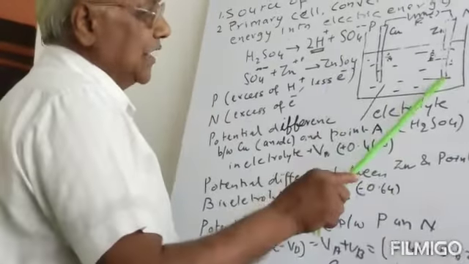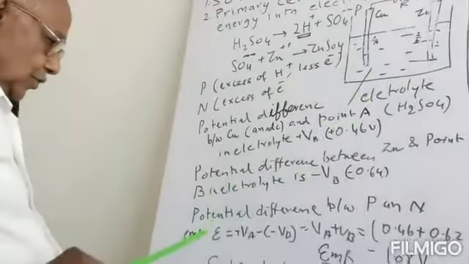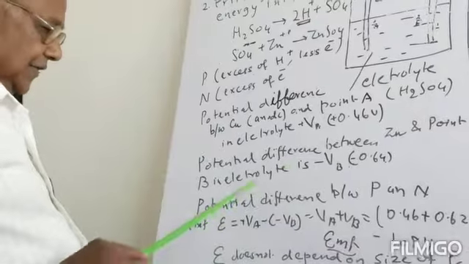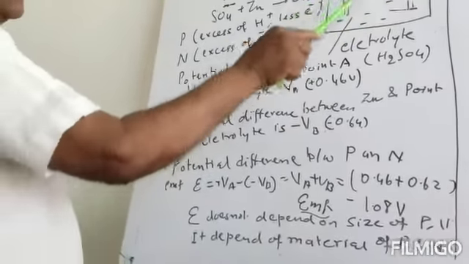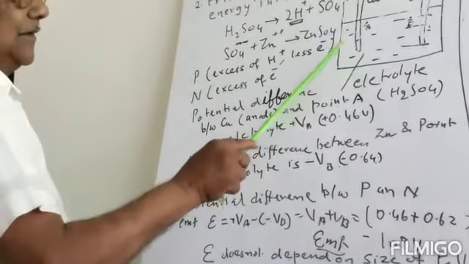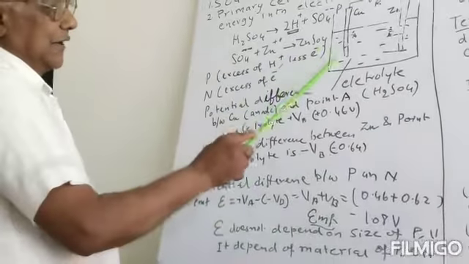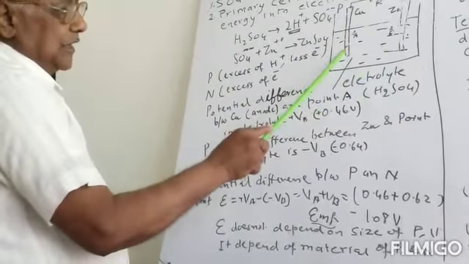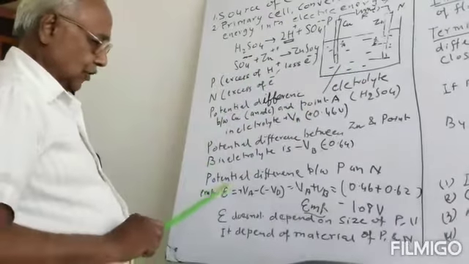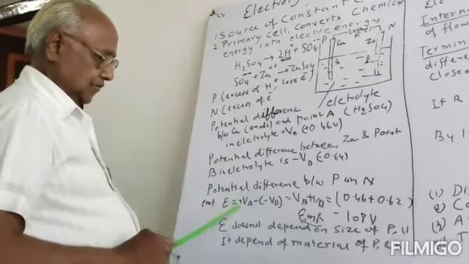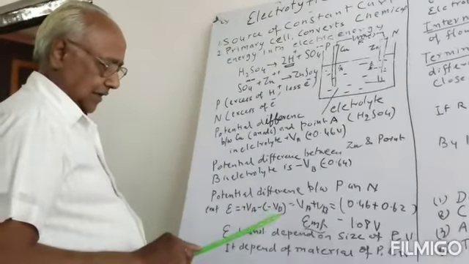So the potential difference between the anode and cathode will be equal to the EMF of the cell, because the cell is in the open circuit, no current is passing through it. When the cell is open circuit, the potential difference between the anode and cathode, or positive terminal and negative terminal, is the EMF. So EMF will be equal to VA positive minus VB negative.